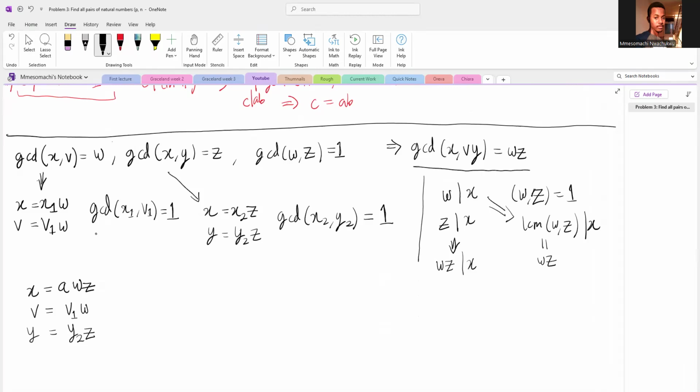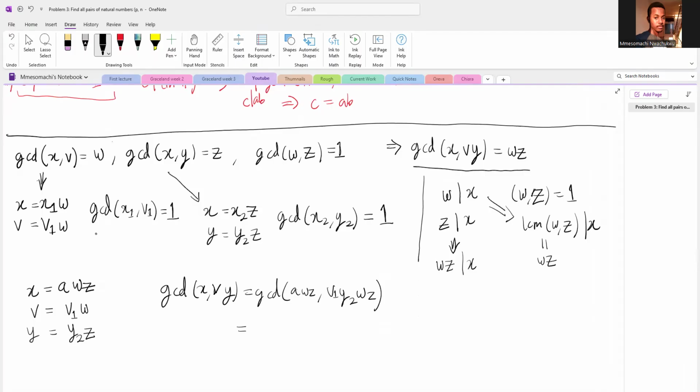In this case, we have the GCD of X and VY. When we put in the substitutions, it is equal to the GCD of AWZ and V1 Y2 WZ. Basically, we want to get that this is equal to WZ.